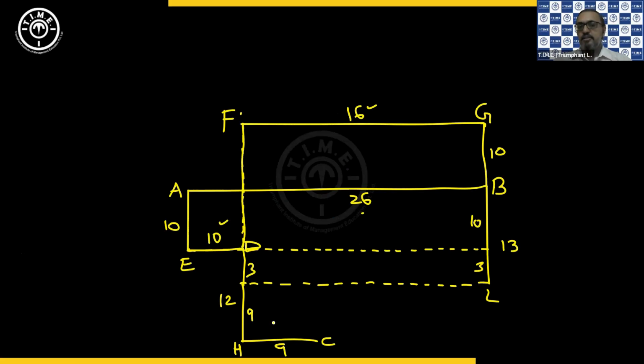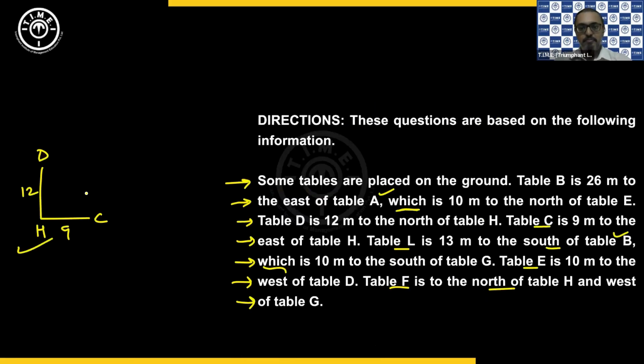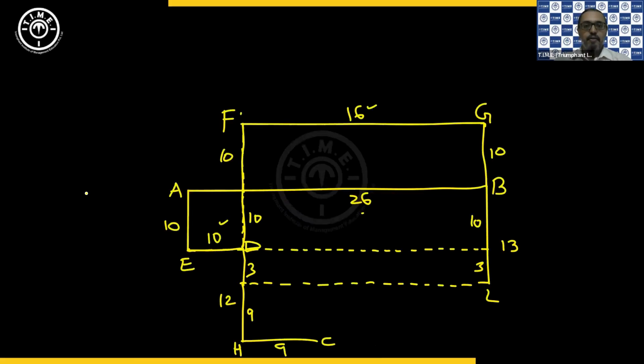And then you have this distance. So that is, you have 10 plus 10. So this is also 10 and this is also 10. So that way we have our final table chart. Okay. Based on the given information. Now we use this to answer our questions.